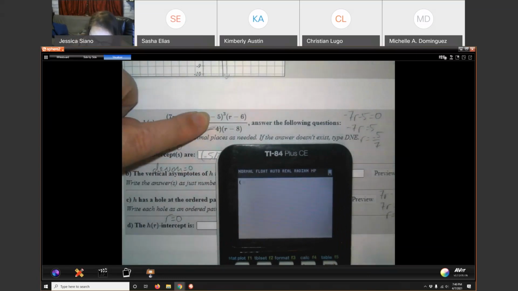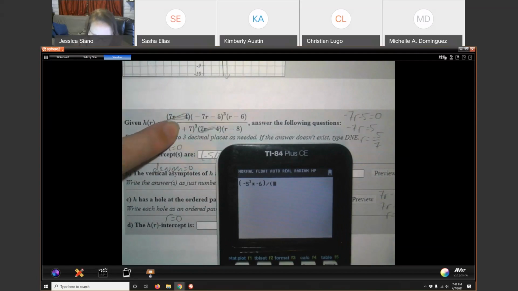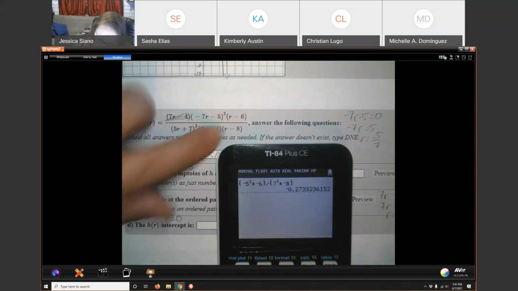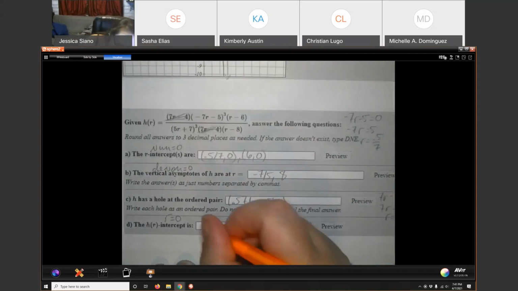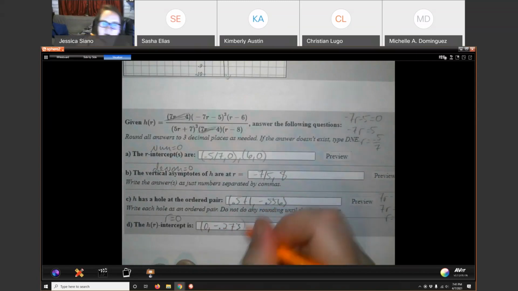And I'm going to have -5 to the third times, plus, I put in 0 right here, that's going to go away, times -6 divided by, put a 0 in for r here, and I'm going to be left with 7 to the third times -8. So then my intercept is at 0, -2.73.